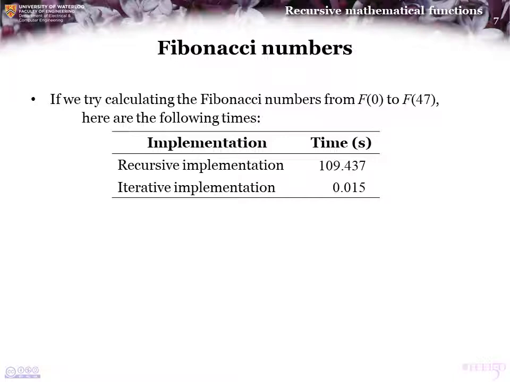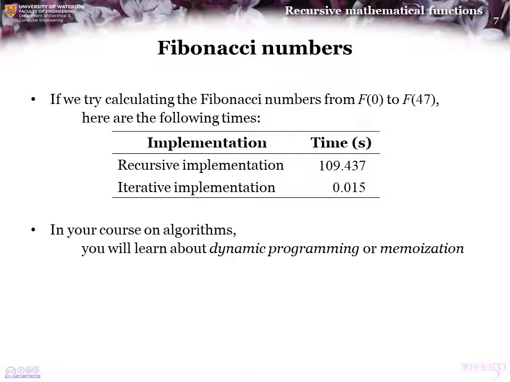So recursive implementations may not always be the most ideal solution, and in your second year course on algorithms, you're going to understand why this is a slow implementation, and you will learn about something called dynamic programming or memoization.